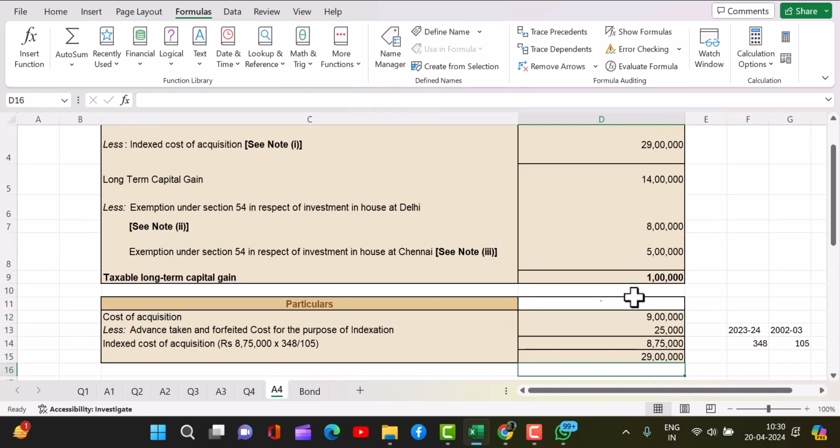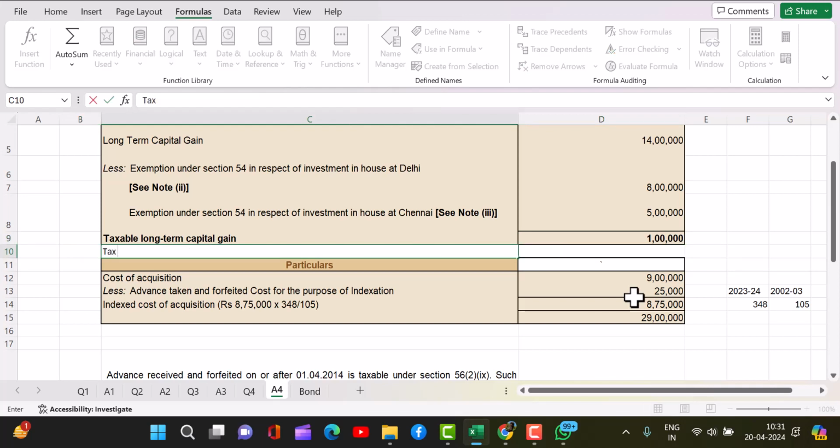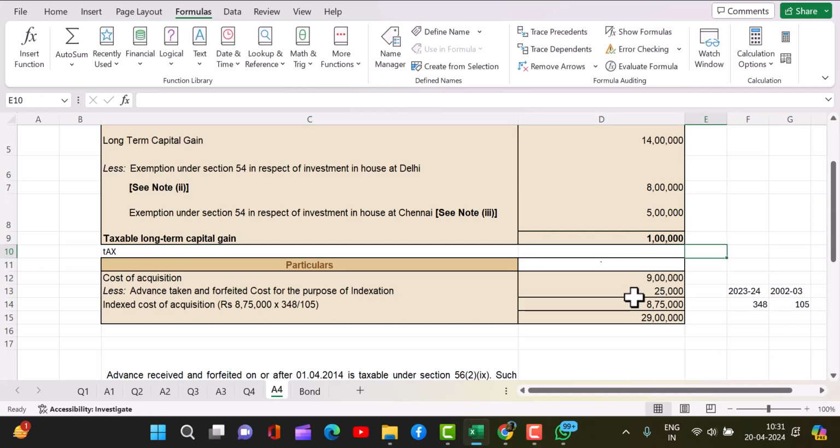So his capital gain has gone up basically because we have taken an advance here. So he now has to pay tax here. Let's say the tax is 20%.